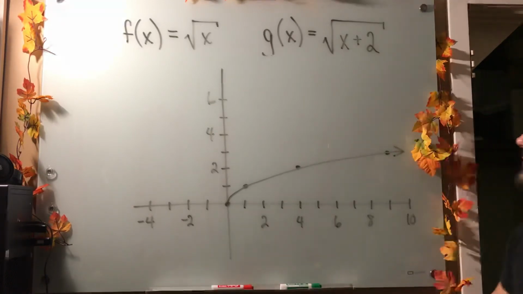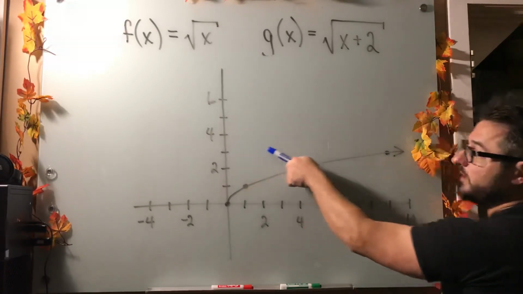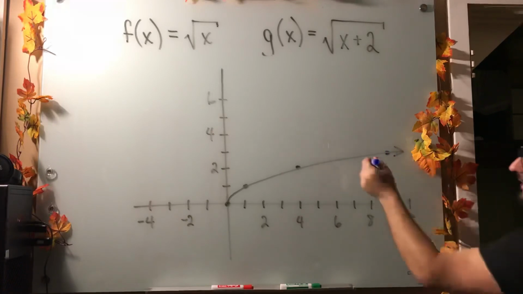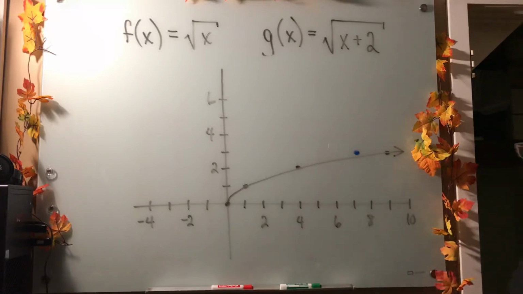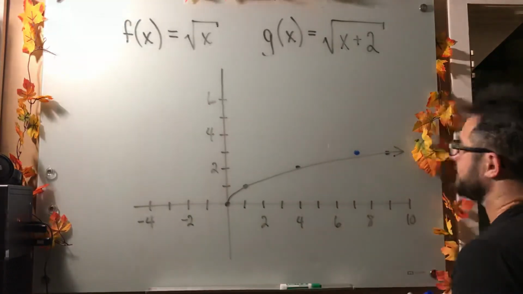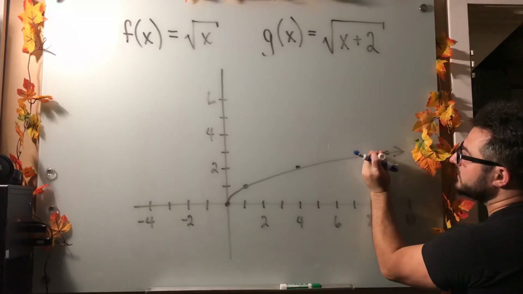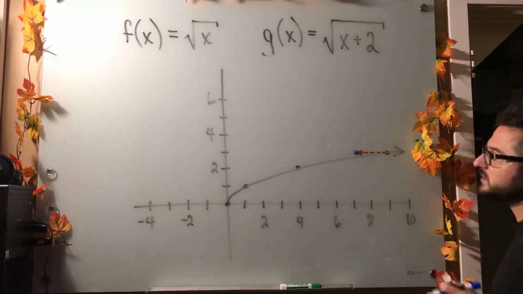Now, when we found ordered pairs for g of x, we found that the x-coordinates were 2 smaller. So when we had an output value of 3, whereas the original function had a 9, the transformed function had x equals 7. Now, the other point we used was a y value of 5, and the x values were quite large, 25 and 23. But the idea is this. Again, this point was moved 2 spaces to the left.